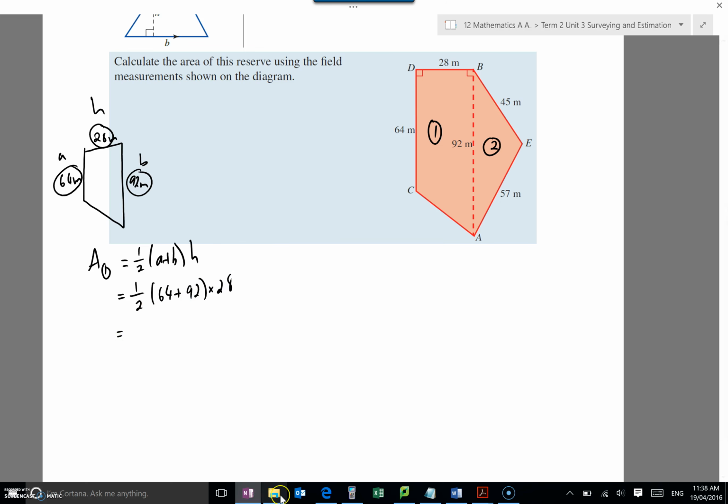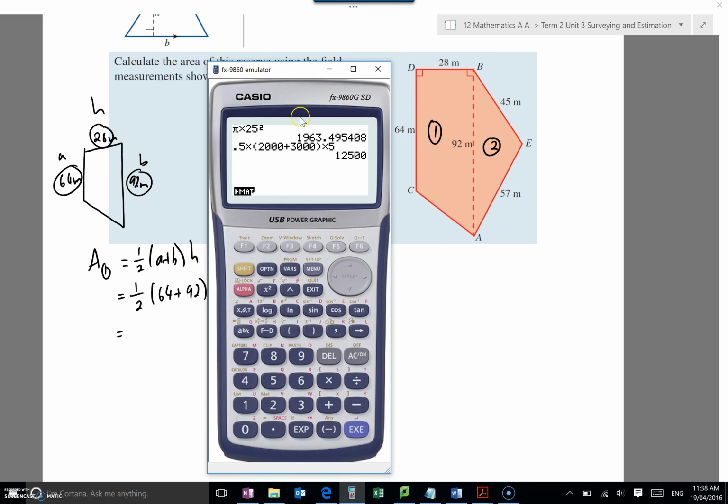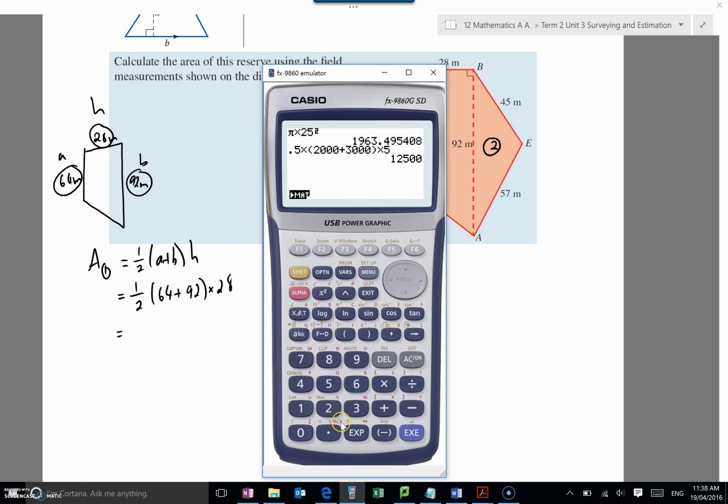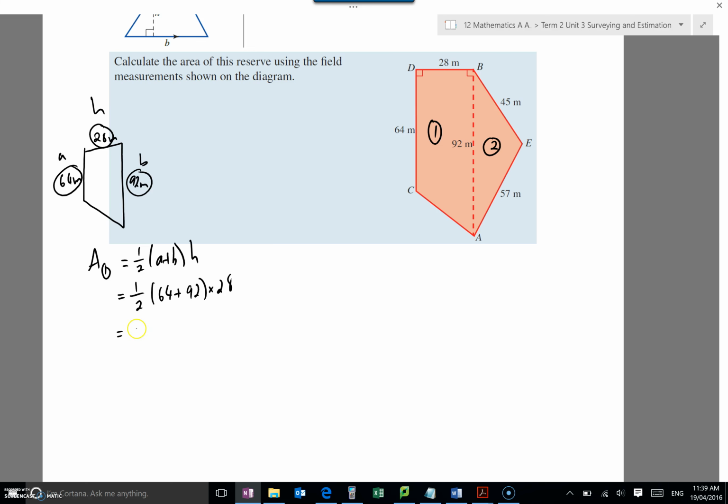Then off to the calculator for this one. A half or 0.5 times 64 plus 92 times 28, 2184, and they're meters squared. All good so far.